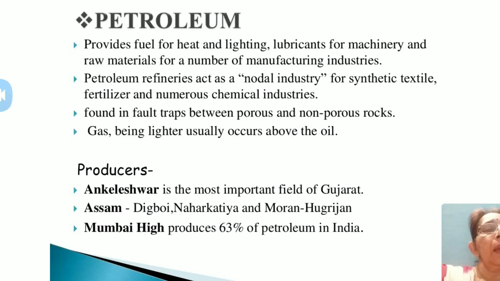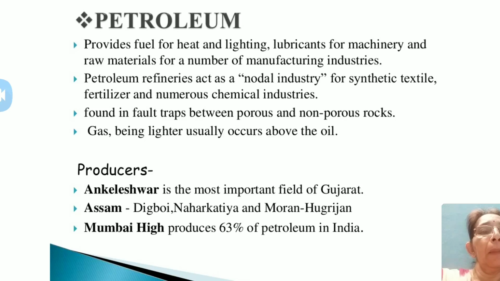Petroleum is also one of the most important energy resources. Petroleum refineries act as a nodal industry for synthetic textile, fertilizers and numerous chemical industries. It is mostly found near ocean beds and in non-porous rocks.